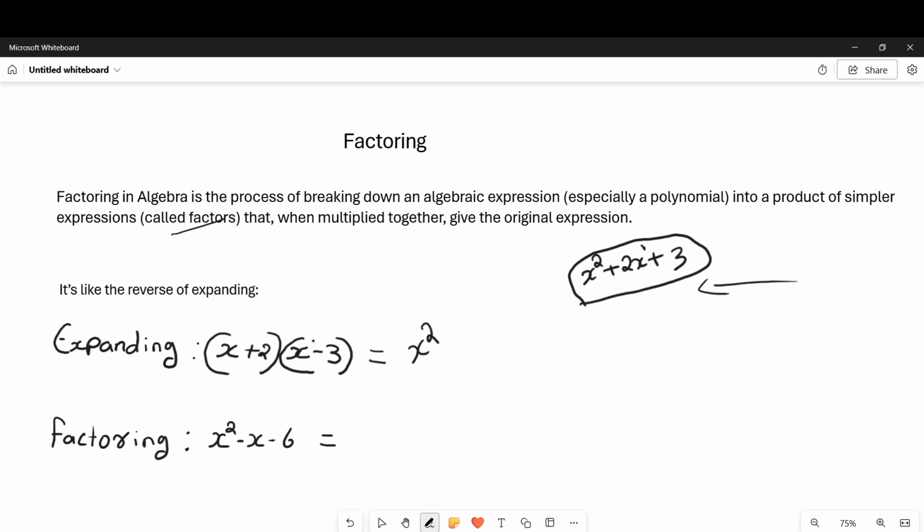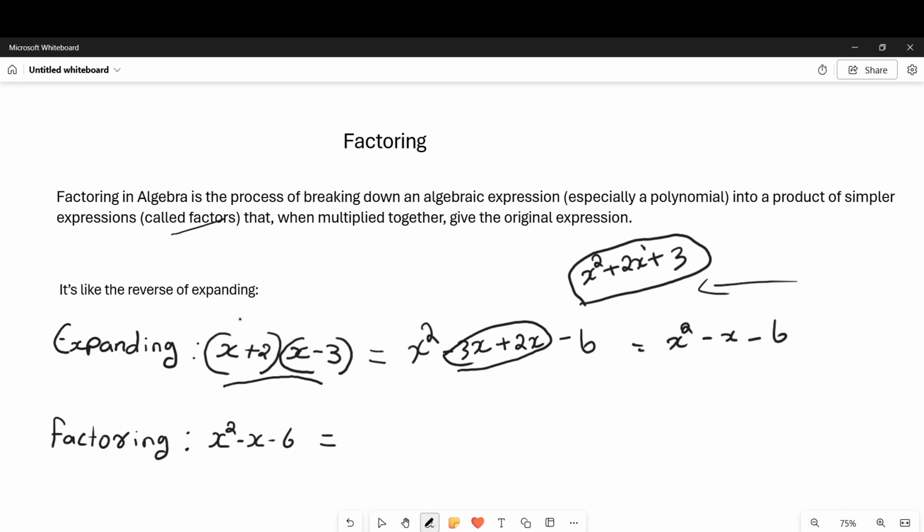Then x times minus 3 gives minus 3x. Then 2 times x gives plus 2x. Then 2 times minus 3 gives minus 6. We simplify that, and we get x square minus x minus 6. So this is the expanded form of this expression.